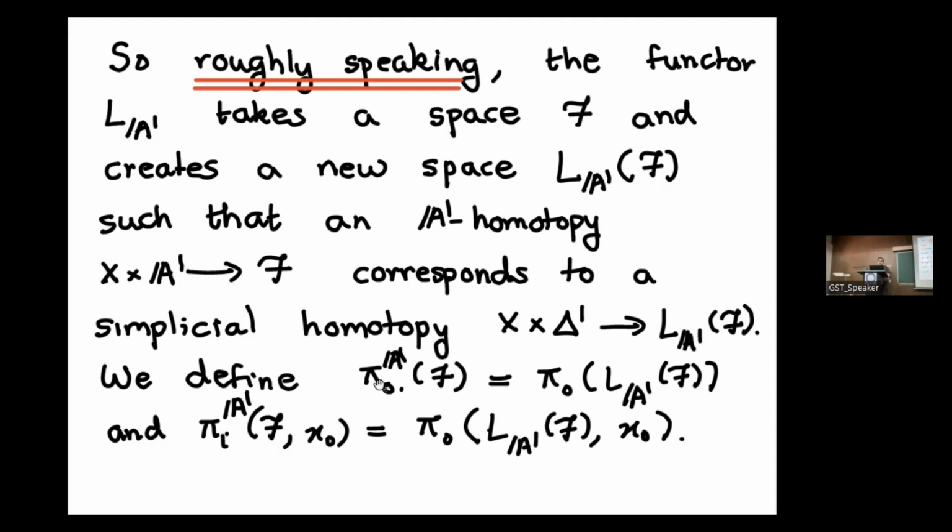So for example, pi naught A1 of F is the ordinary simplicial pi naught, which we discussed earlier, of L_A1 of F. And pi i A1 of F comma x naught, where x naught is some point over some scheme U, is pi i of L_A1 F at the base point, or rather the base point which is the image of x naught, though I didn't write that in explicit detail.